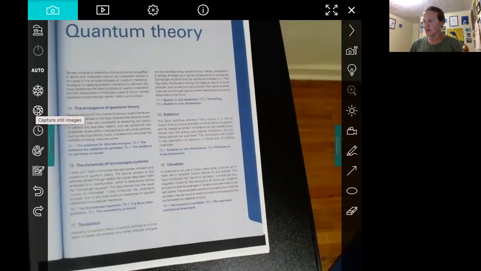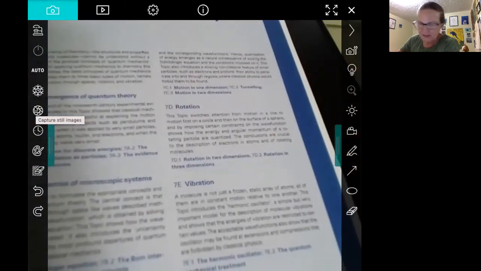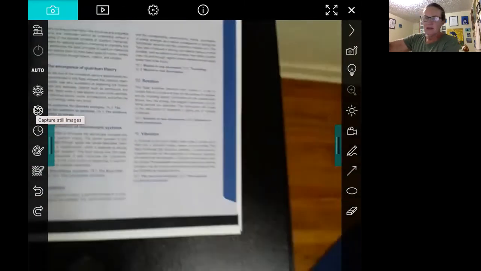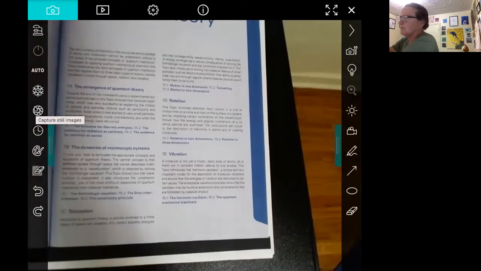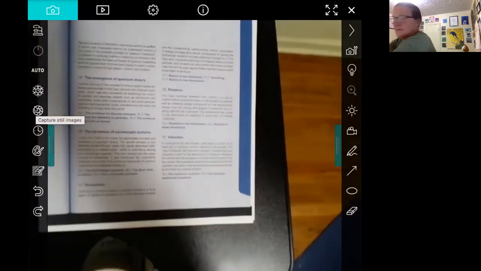So you have your book, you can follow along. Sometimes I'll zoom in a little bit on a section if I need to show you a diagram. But in general, I'm going to try to read it and give you what I consider are the important parts of it.